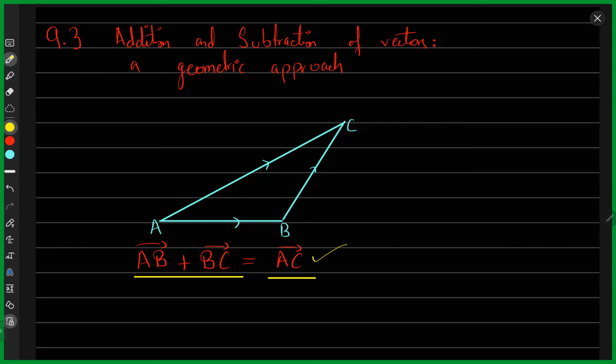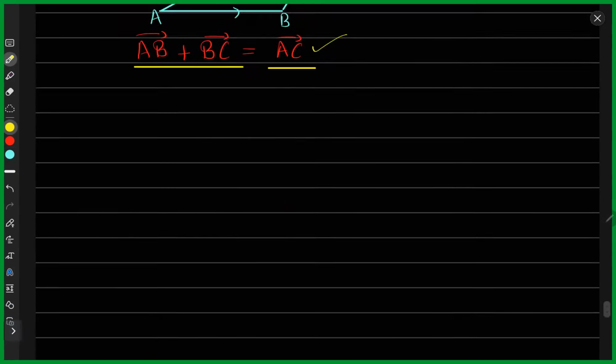So same would be the case if I talk about another random directional path. Let's say I have 1, 2, 3, 4, 5, and then 6 sides.